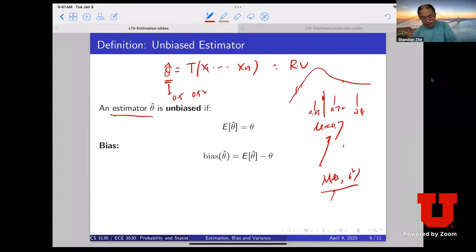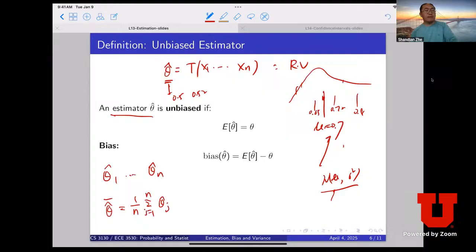So imagine that you do this n times. So you get n estimators, theta 1 hat to theta n hat, and I want to average out these n estimators.